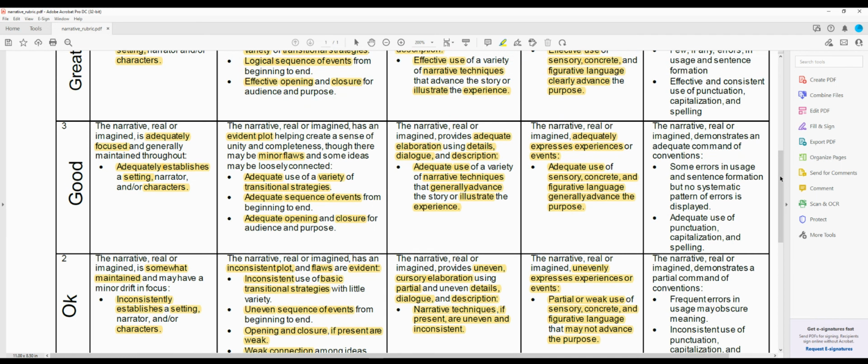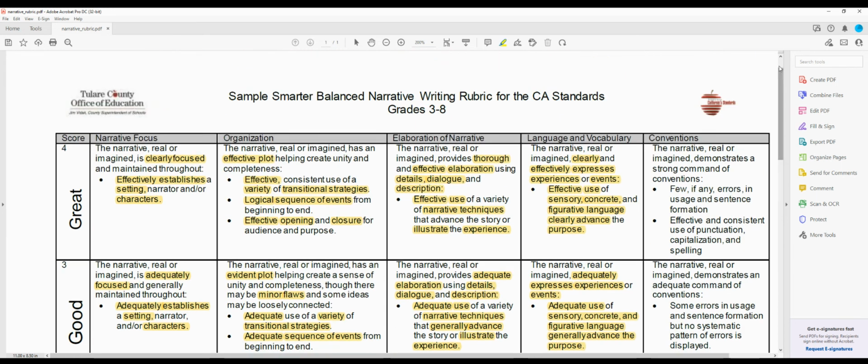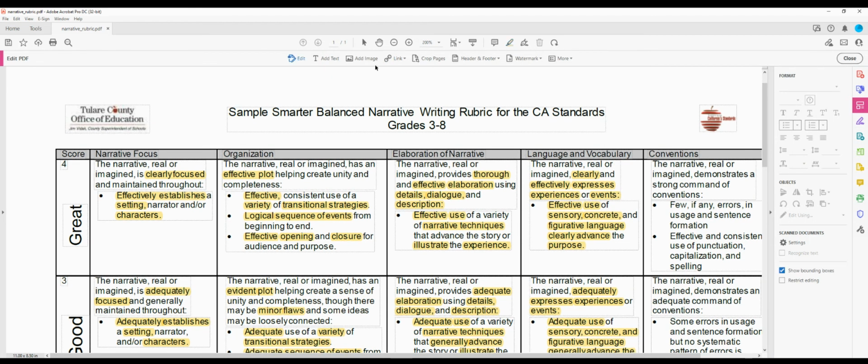Now this last section here, there we go, I'm going to write in that word cups right at the top. So when you think convention, think cups. This is when we're editing our paper.